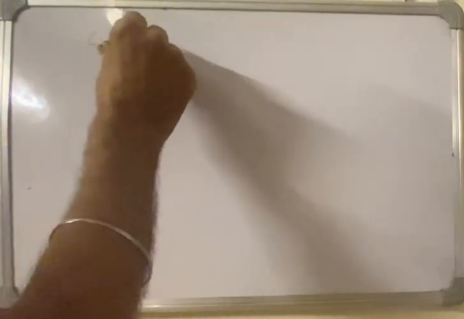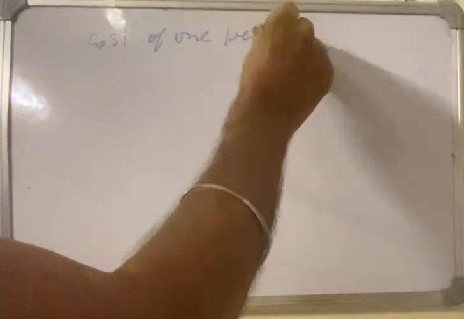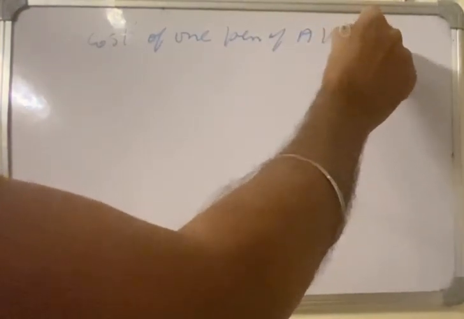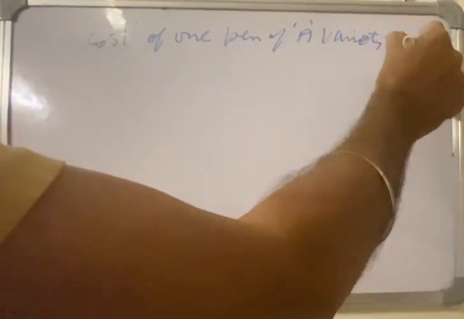Therefore, cost of one pen of A variety is equal to rupees 5.